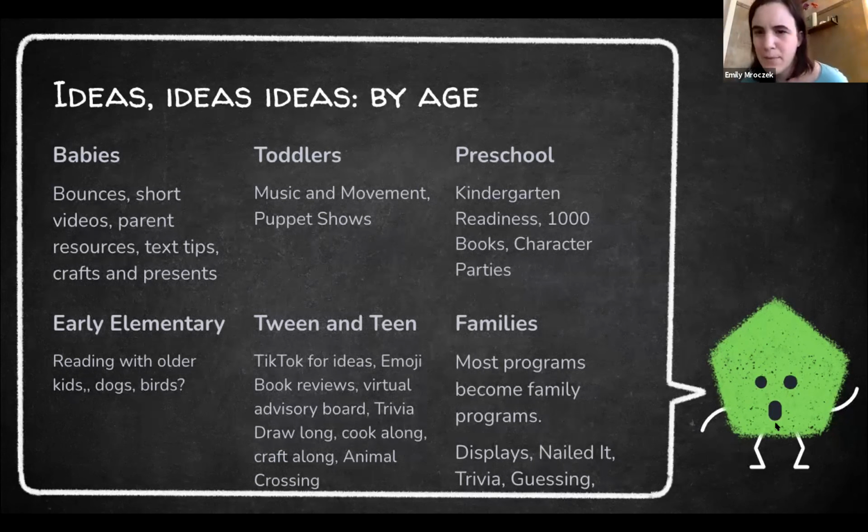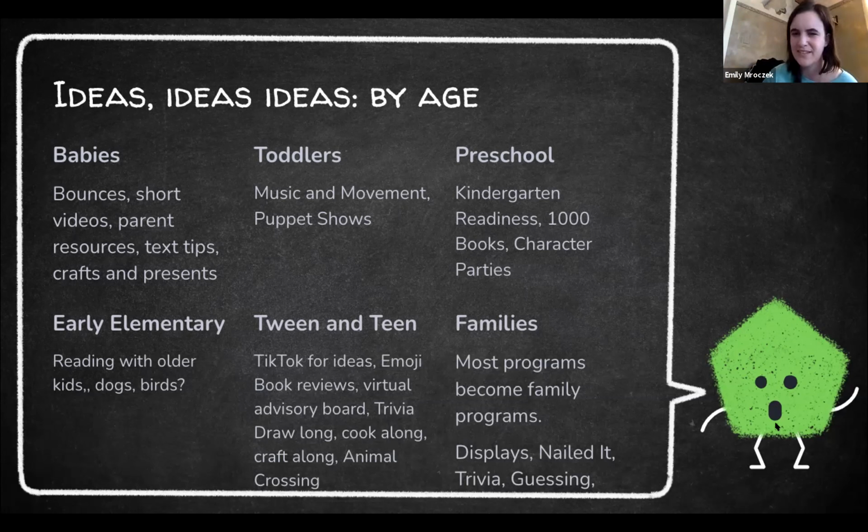And moving on to families, I think something that's important is remembering that most programs become family programs. And that is something huge, especially with being digital, is you're going to get people of all ages just kind of coming in. And sometimes I might be doing something that's not appropriate for all ages.